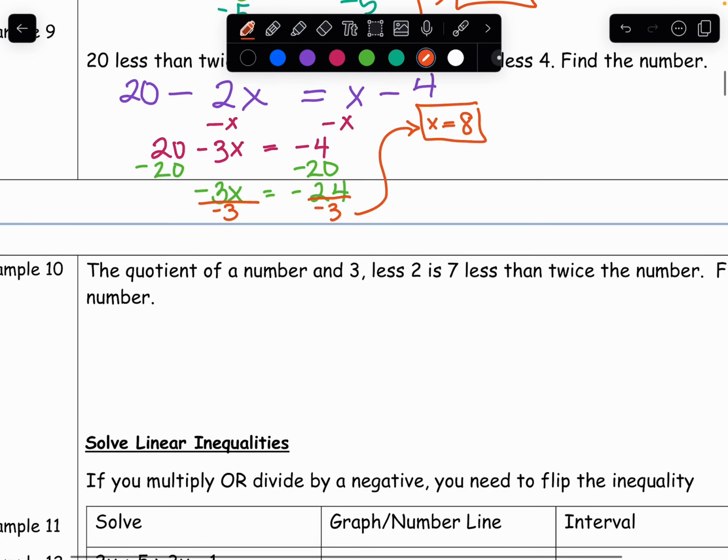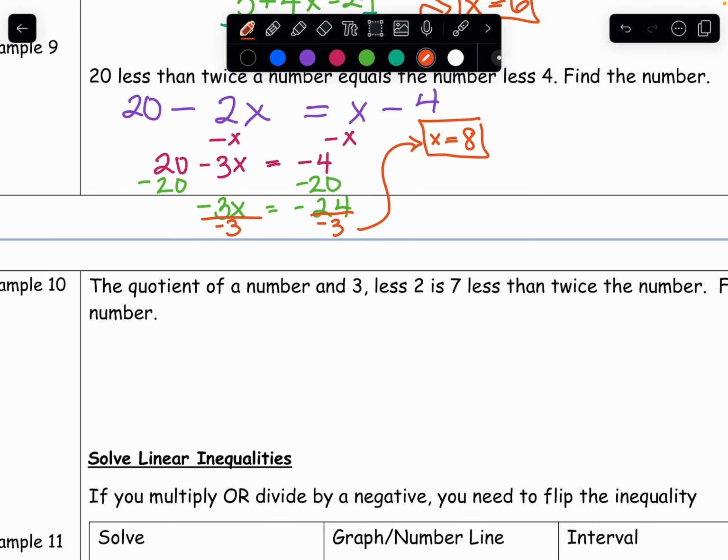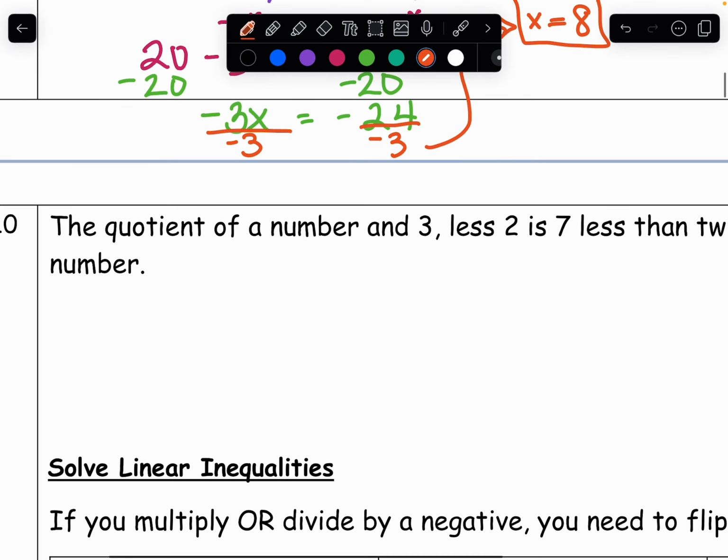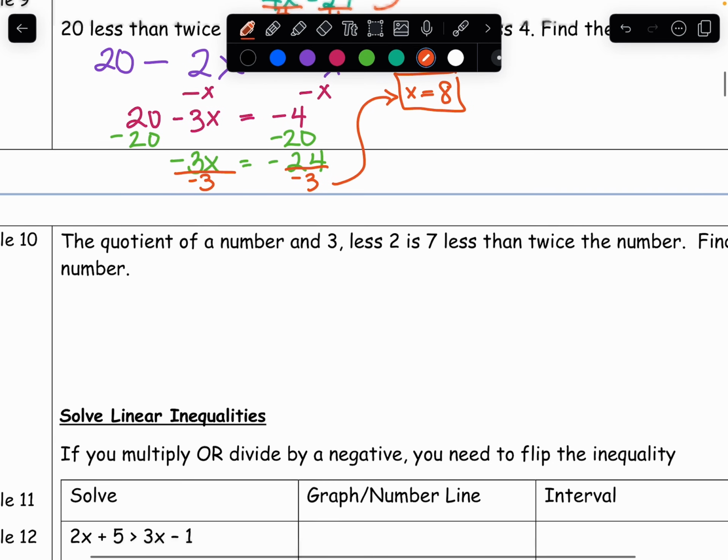For this problem, it says the quotient of a number and 3, less 2, is 7 less than twice the number. We're asked to find the number. Quotient means dividing. So the quotient of a number and 3, so a number and 3, less 2, so we're subtracting 2.